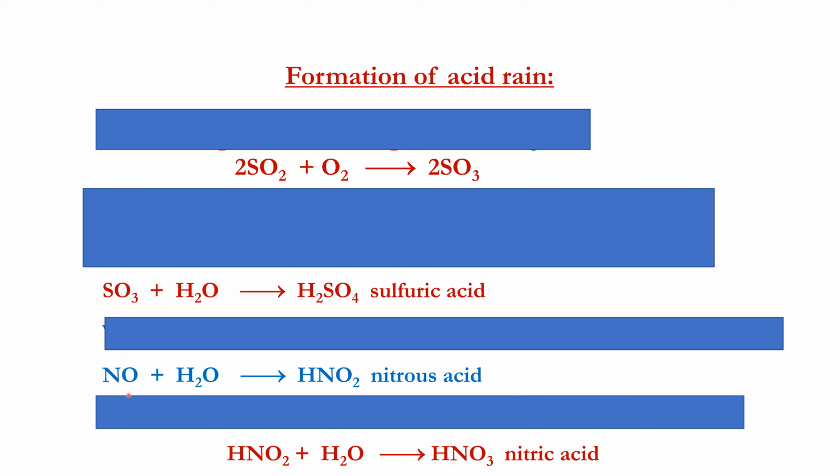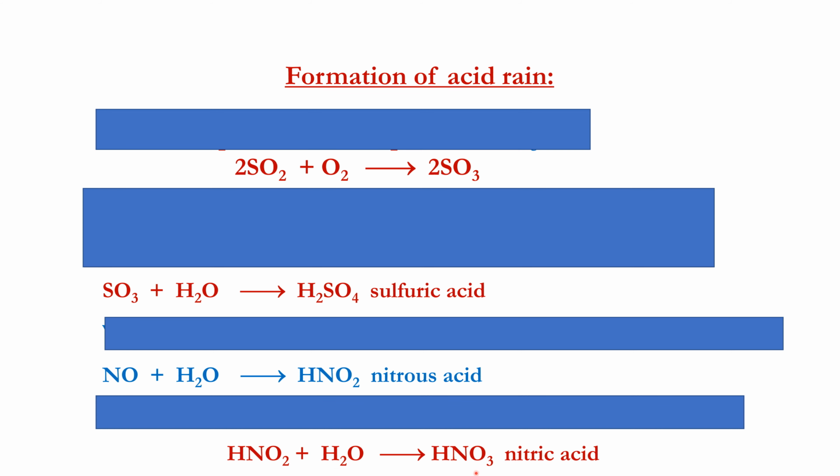When nitrogen oxide reacts with atmospheric water, it forms nitrous acid according to this equation. NO plus water gives nitrous acid. Again, this nitrous acid has hydrogen ion that it can release, which increases the acidity of rain. When nitrous acid reacts with atmospheric water, it forms nitric acid according to this equation.